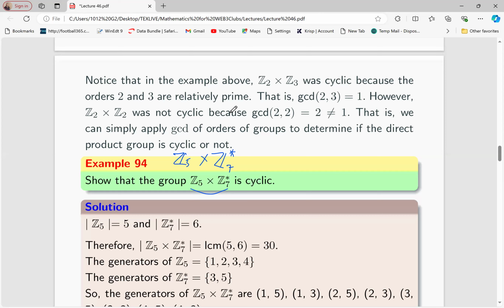Like this one, you cannot tell. But if I remove the star, for an additive group, you can tell that the group is cyclic. But if I add this star, you cannot tell. The only thing you can tell here is that Z5 is cyclic, and we can also tell that Z7 with a star is cyclic.